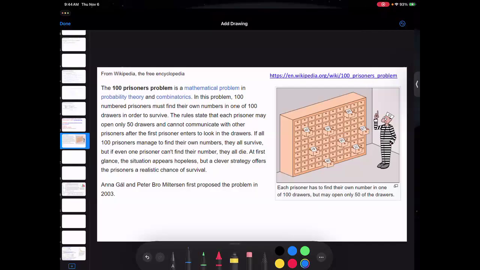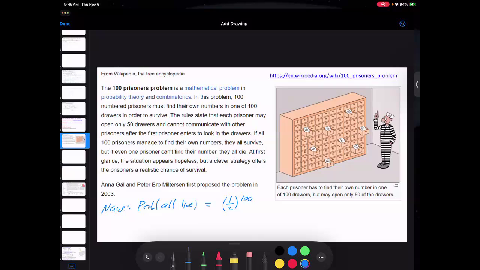What is the probability a given prisoner, if they just guess randomly, will find their number? 50 out of 100, which simplifies to 1/2. So the naive estimate of the probability that they all live is going to be 1/2, and to what power? 100.